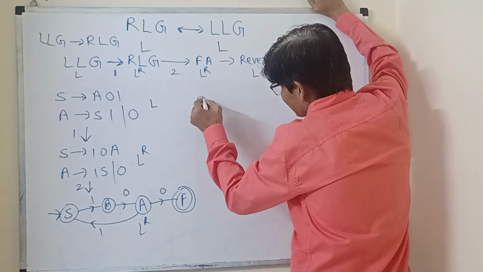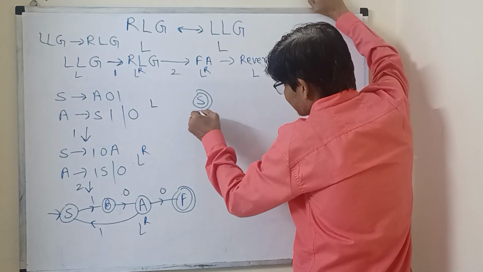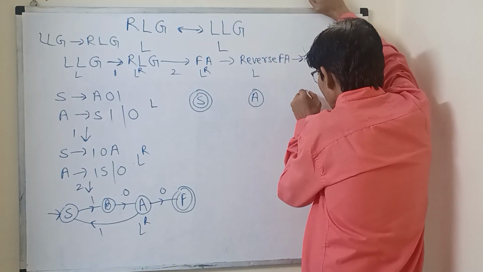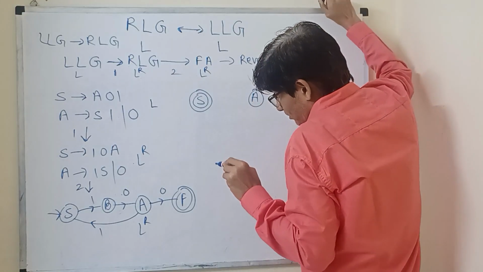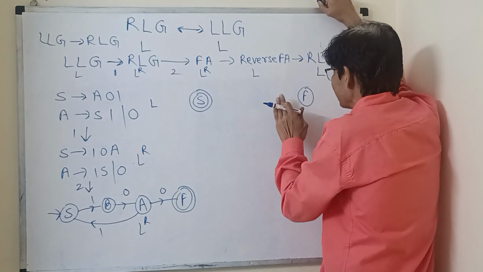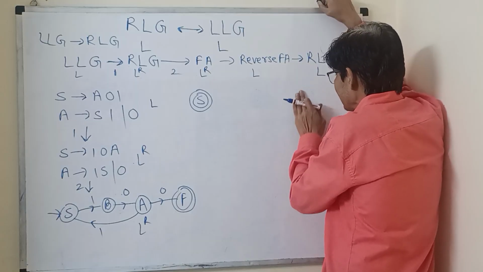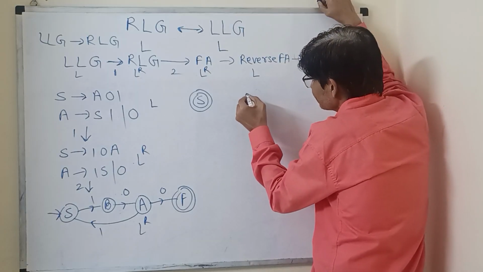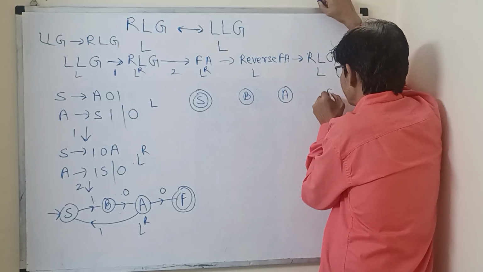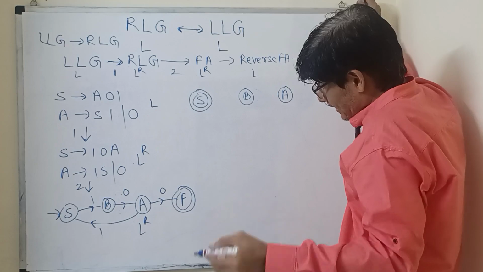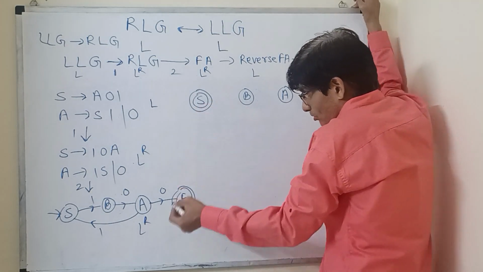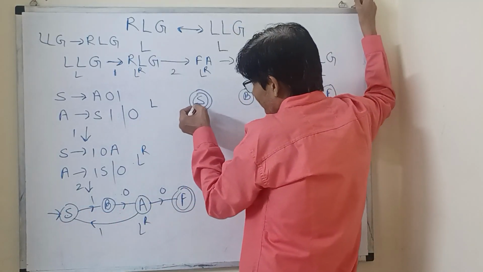So I can create it like this: S, then F. Very sorry, one more state is there between S and A. So I can write B and then A, then F here. Now here F is the final state, S is the initial state. So now S is the initial state, so I will make it final.